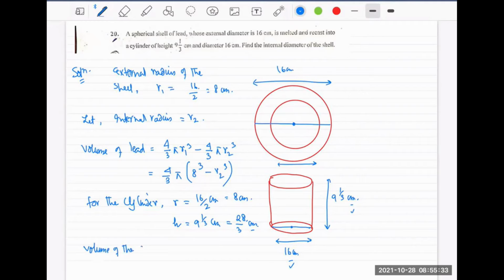Volume of the cylinder is pi R squared H. Let's put in the values. We are not putting the value of pi, you will see in a moment why. R is 8 into 8. H is 28 by 3.